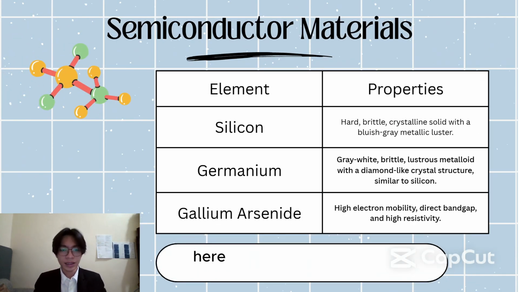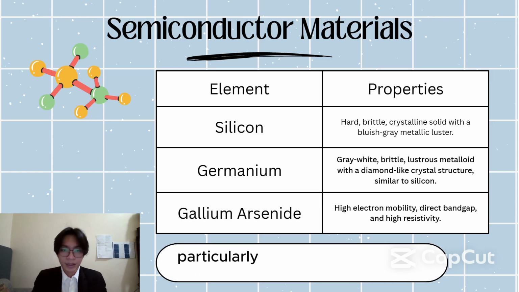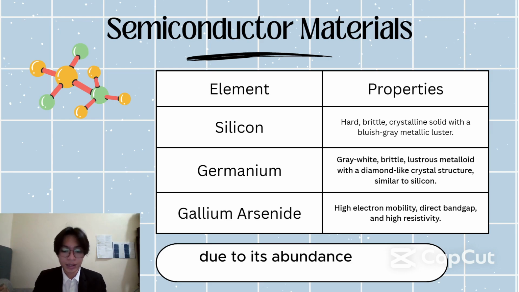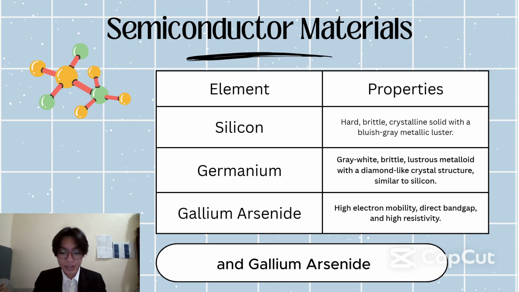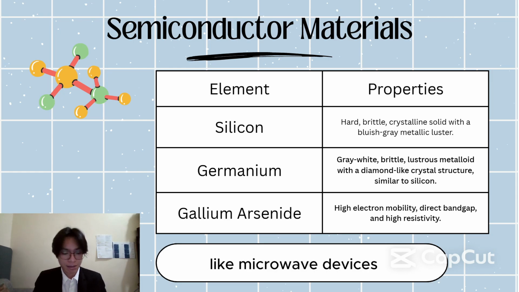Semiconductor materials. Here are some examples of semiconductor materials, particularly silicon, germanium, and gallium arsenide. Here are their properties, as you can see. The most widely used semiconductor is silicon due to its abundance and excellent properties. Others include germanium, which was used in early transistors, and gallium arsenide, which is better for high-speed applications like microwave devices.